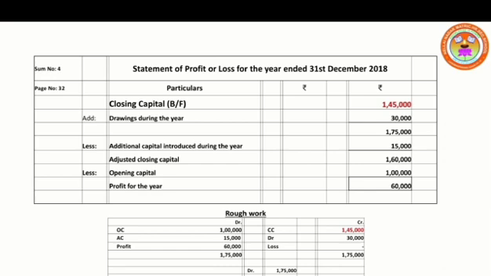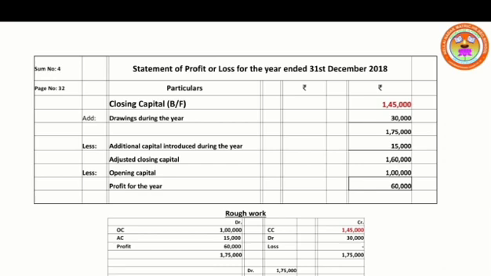Loss column hyphen. Now which side is higher? Total it. Debit side total 1,75,000. Credit side only one amount, drawings 30,000. So take the difference between these two sides. 1,75,000 minus 30,000. We got the missing figure, 1,45,000.